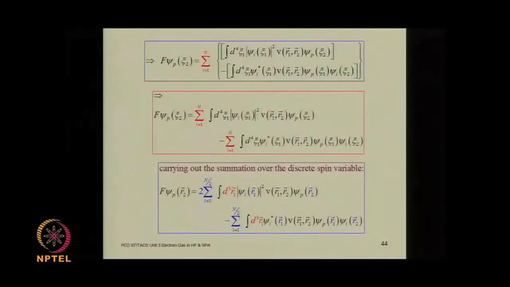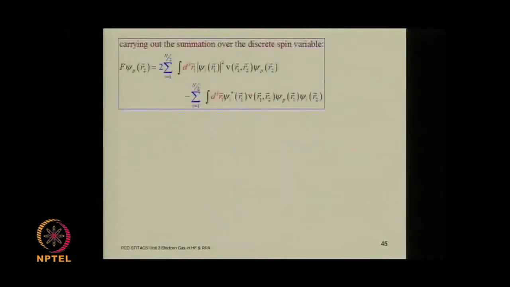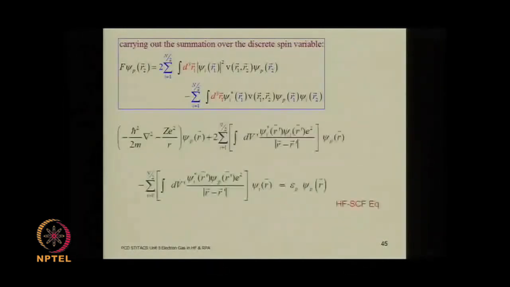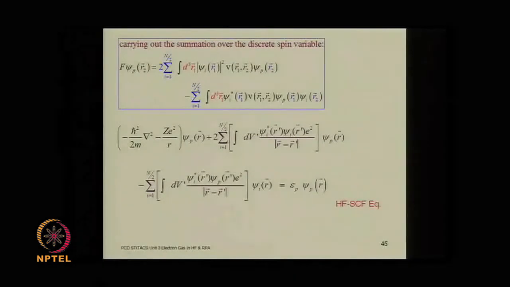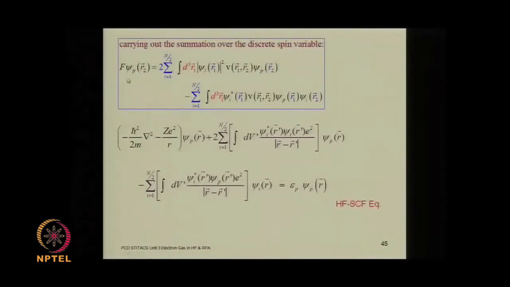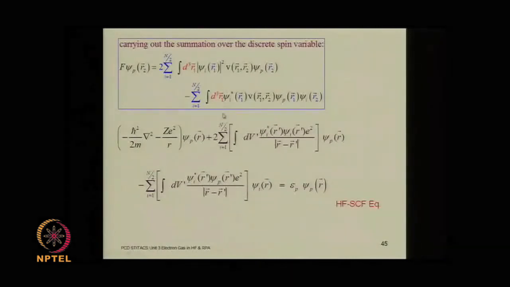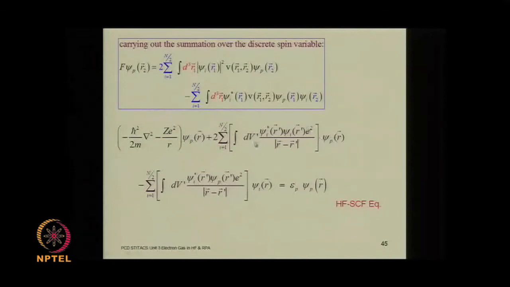So, now we have a fairly compact expression in which the summation over the spin variable has been carried out, and now this f psi p has been spelled out over here, and you have these two terms over here.